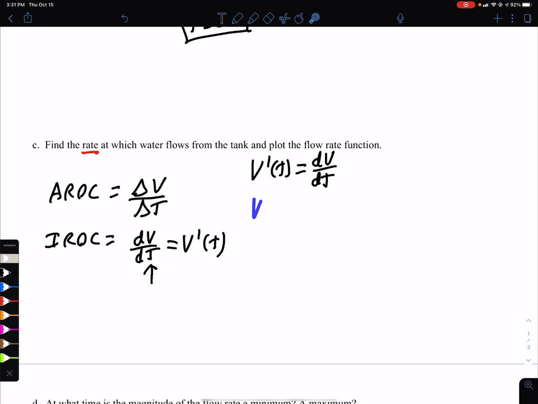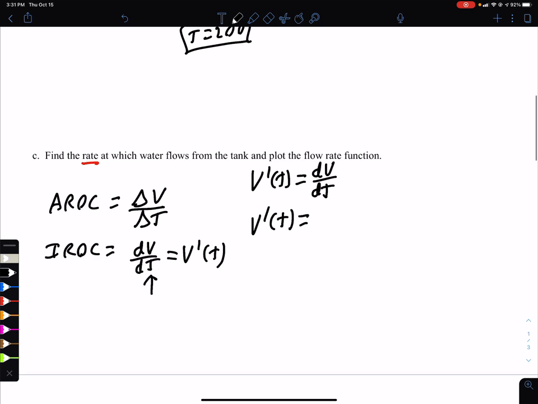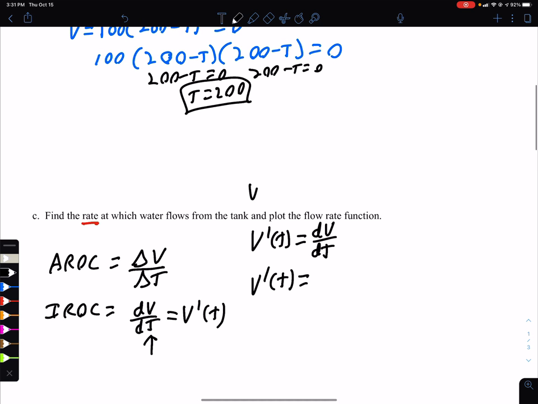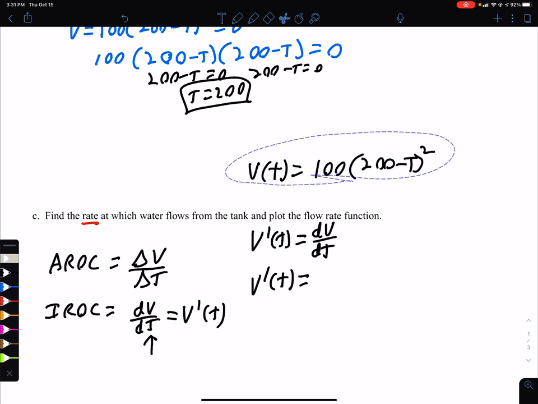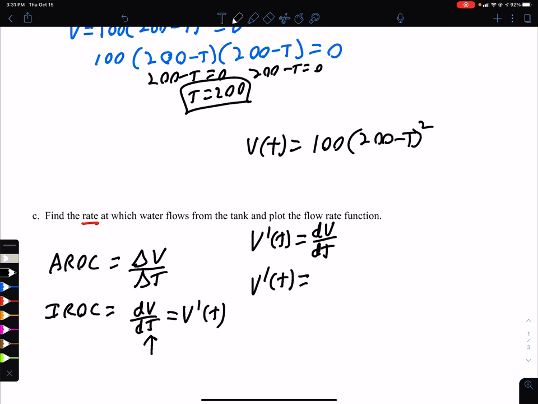So what is V prime of t? Well, we need to take the derivative of V of t, and let me remind you what V of t is. That's 100 times (200 minus t) squared. Well, you actually know how to do this with the chain rule now. Well, you're supposed to. But we're just going to do it the old-fashioned way. We're going to rewrite this.